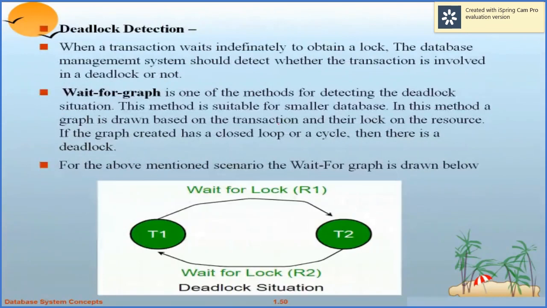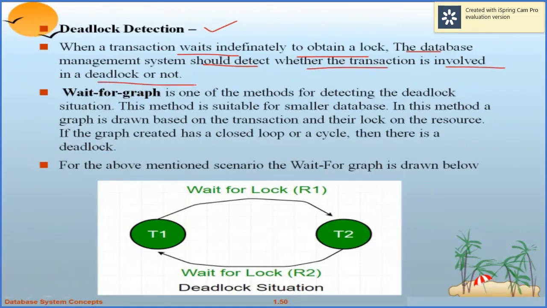So next one is deadlock detection. So what is this deadlock detection about? You are trying to identify or make a prior analysis whether there is a chance of occurrence of deadlock or not. When a transaction waits indefinitely to obtain a lock, the database management system should detect whether the transaction is involved in a deadlock or not.